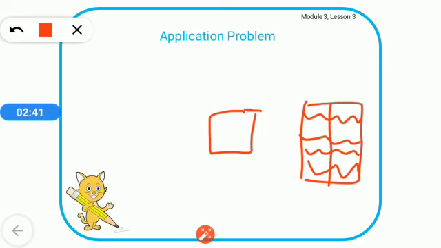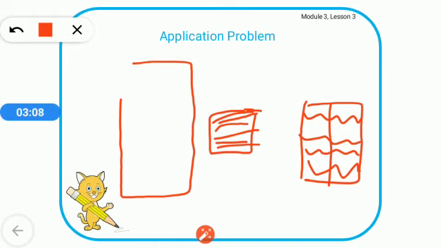Good. The book is shorter than the folder. Now, this is my folder.